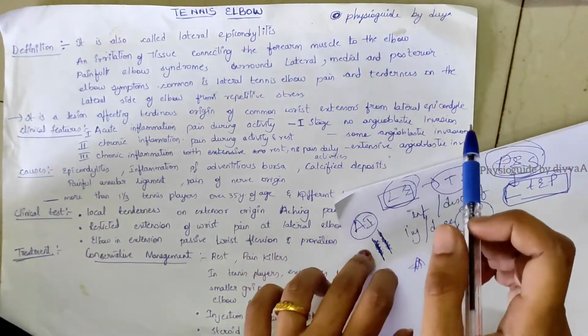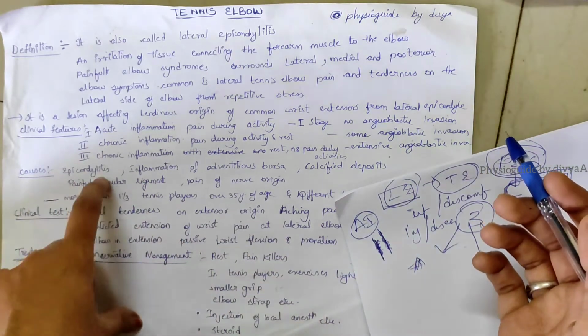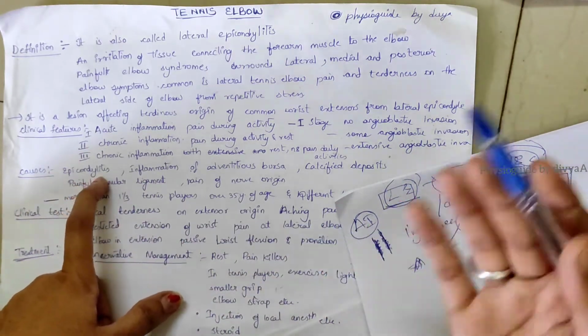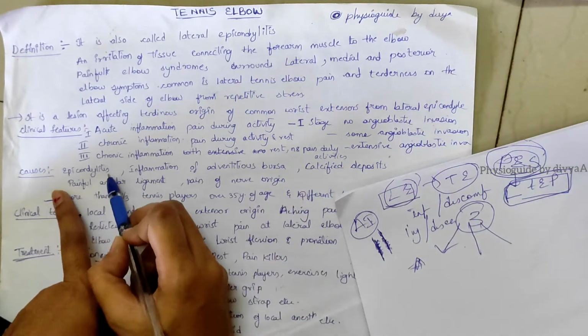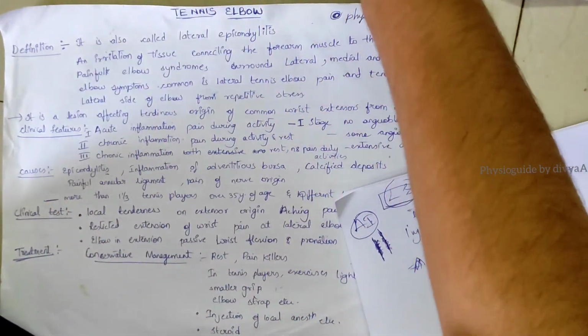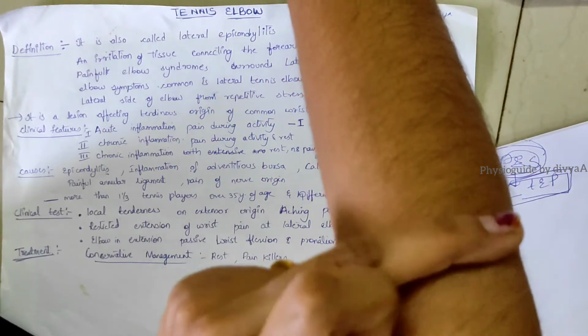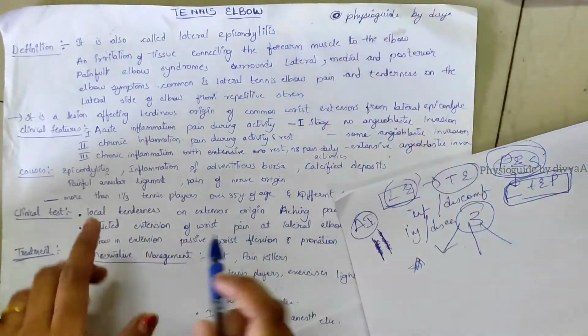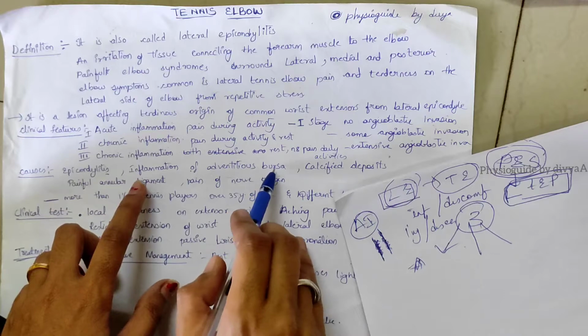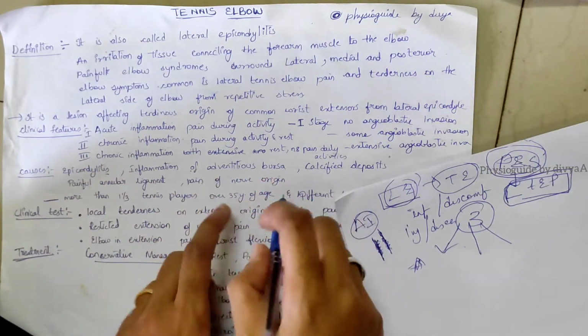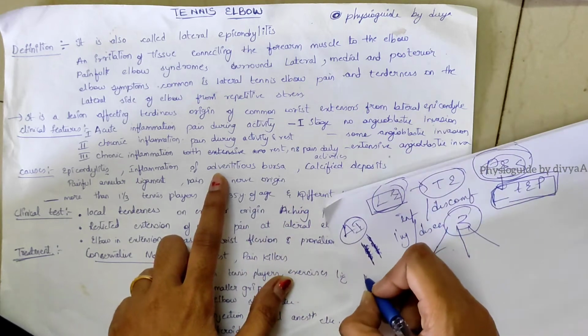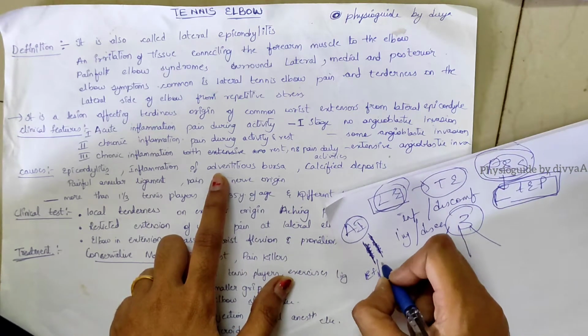Now causes. What are the causes? What we understand as a physiotherapist by seeing the patient, and what we understand medically. Epicondylitis means on the lateral side there will be pain and inflammation. Now, inflammation of adventitious bursa. Adventitious means caused by external factors or by any accident.